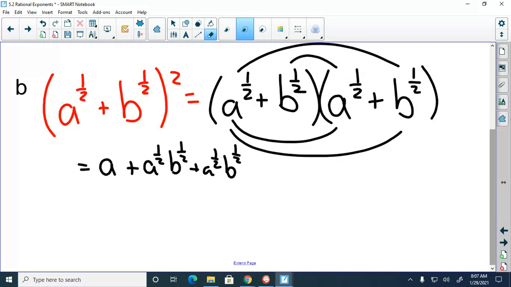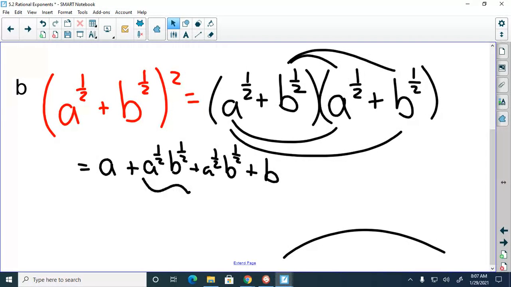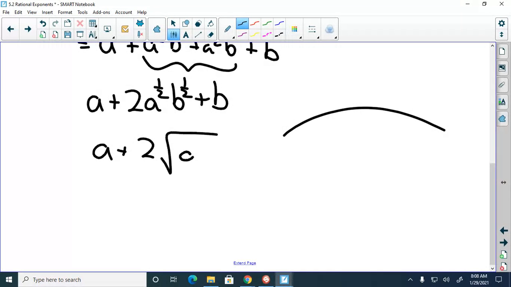And last, B to the 1/2 times B to the 1/2 is just B. These combine together, so A plus 2 A to the 1/2 B to the 1/2 plus B. I might also rewrite it as A plus 2 square root of AB plus B.